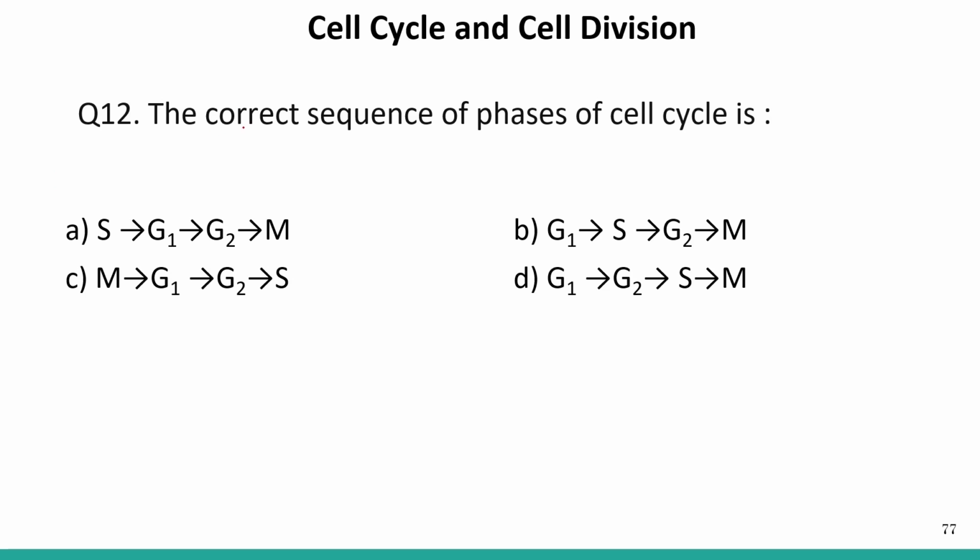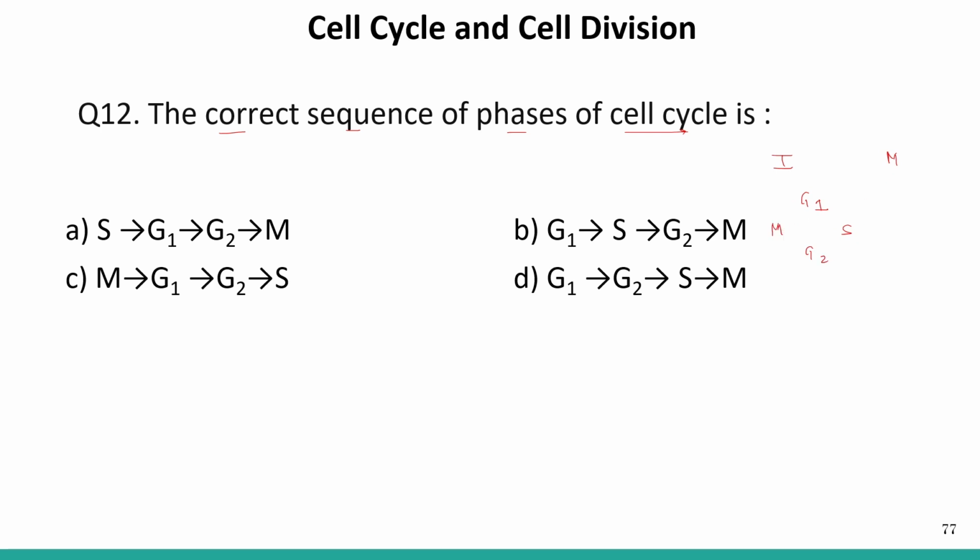Here, what are they asking? What is the correct sequence of phases of the cell cycle? The cell cycle is again divided into interphase and the M phase. Interphase consists of G1 phase, S phase and G2 phase, and then we have the M phase.